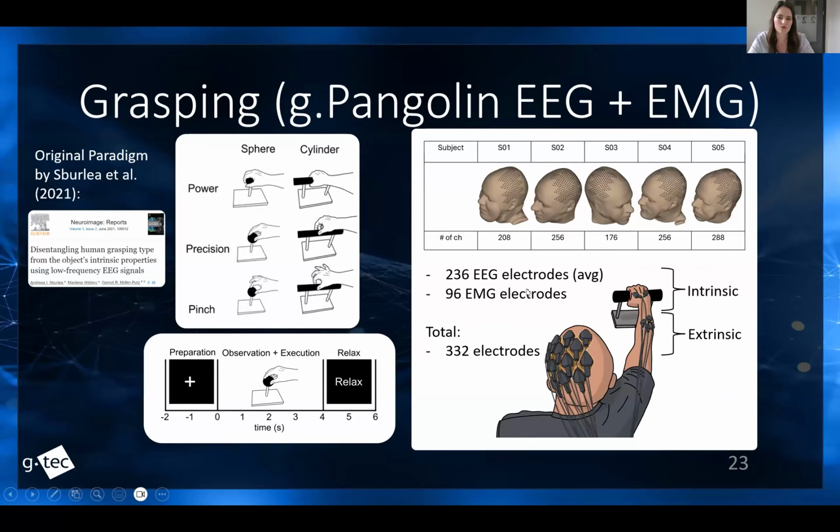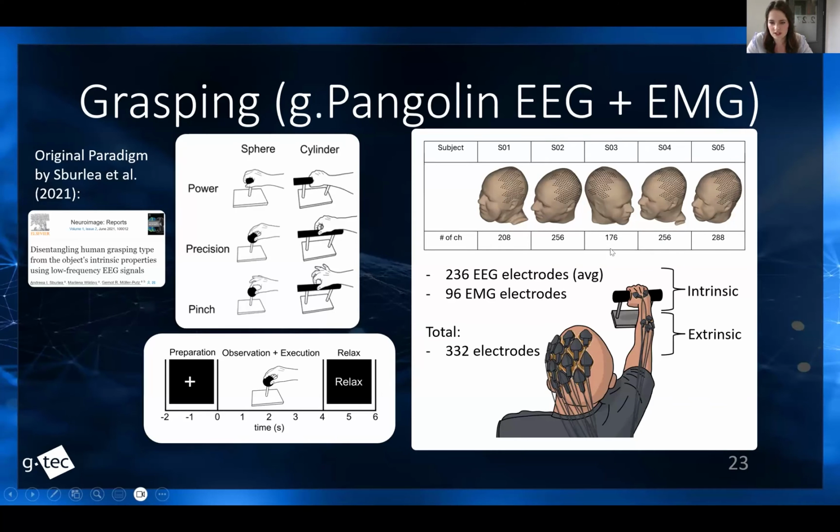So that gives us in total, on average, 332 electrodes per participant. In addition to that, we also had a Leap Motion camera to study the movements, and we also recorded maximum voluntary contraction to normalize EMG signals later on.